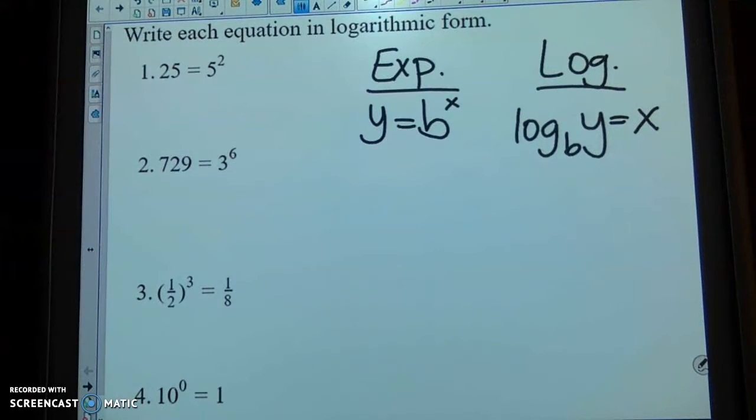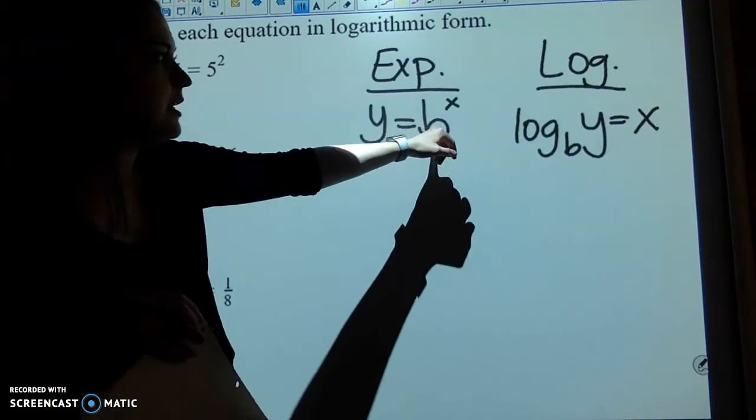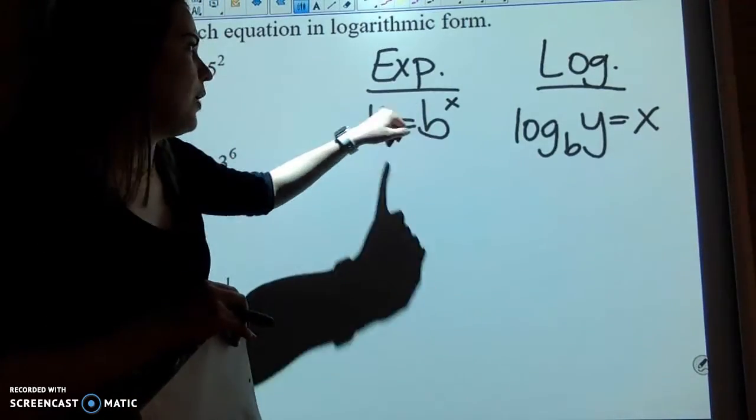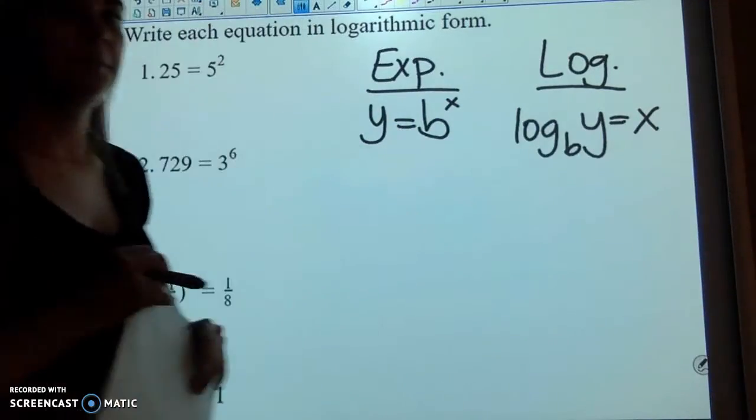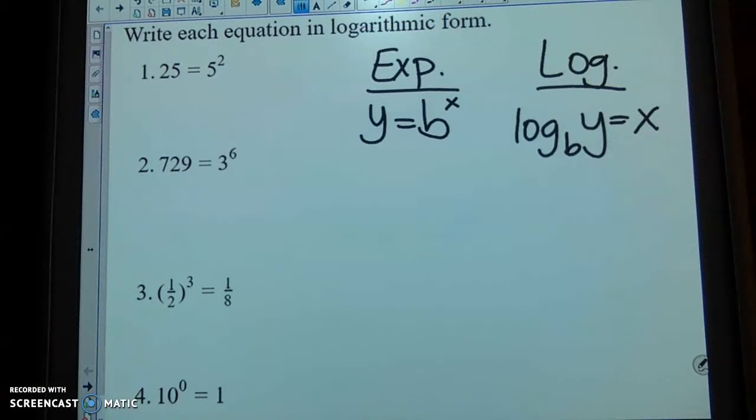Fascinating how I used exactly the same letters, variables, etc. That is because they are related that way, right? The b seen here is the same b there. The y seen here is the same y there. The x seen here is the same x there. So this is how we are going to be converting from the exponential equation to a log equation.